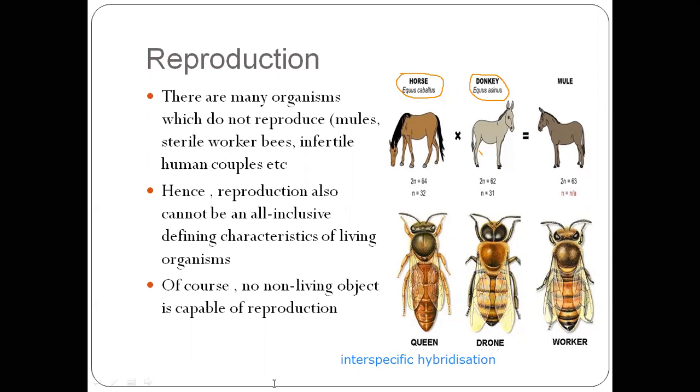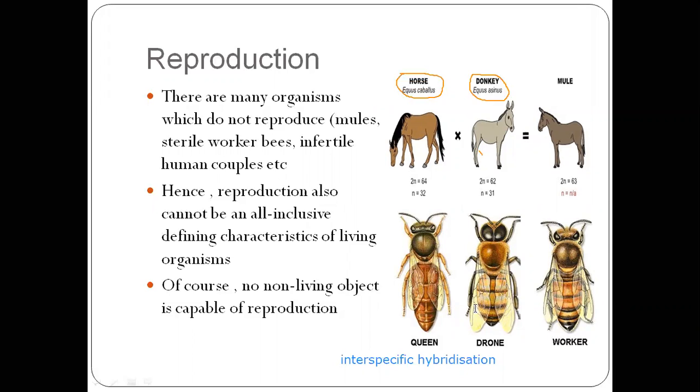Now here you can see one more example. In this example also you can see a queen, drone and workers. Whatever honeybees are produced here are also sterile. This sterility is based on two things.